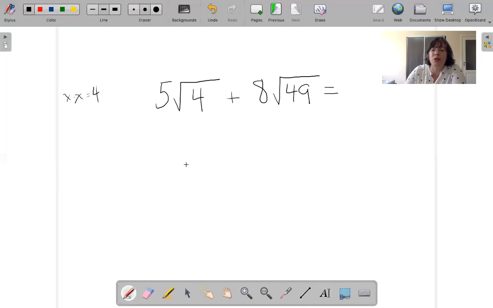What times x? That's 2. So this is just 5 times 2 plus, what's the square root of 49? x times x equals 49, 7. So this is 8 times 7 equals, and it's super easy. You can do that.